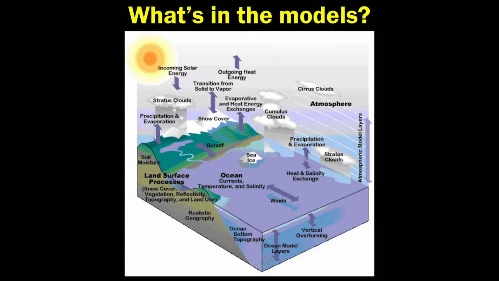So what's in these models? The models use mathematical equations to represent all this stuff. The circulation of the atmosphere, the ocean, interactions between the land surface, the ice-covered surfaces, the atmosphere and the ocean, and the incoming solar radiation, and so on.